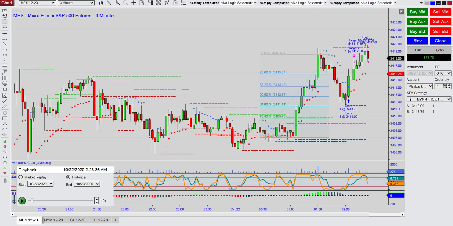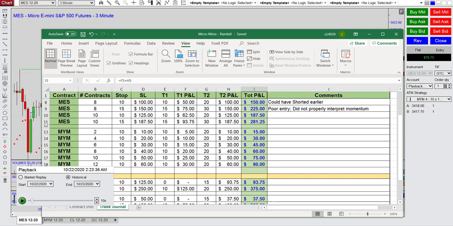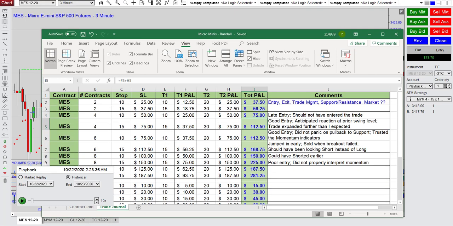But basically, I know what I can do. I can look here under the executions. Playback. Execution. Oh, that's right. I'm in playback mode.